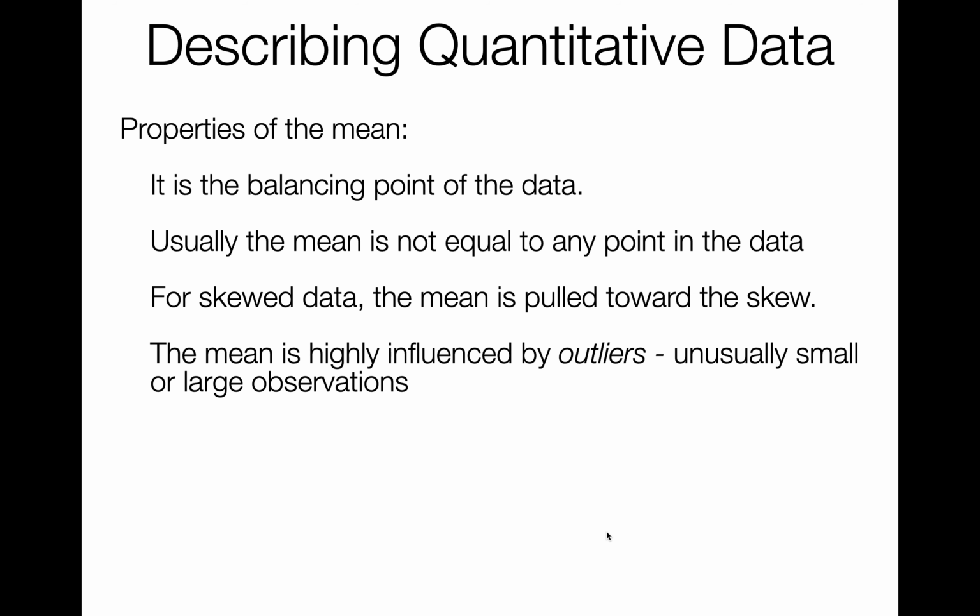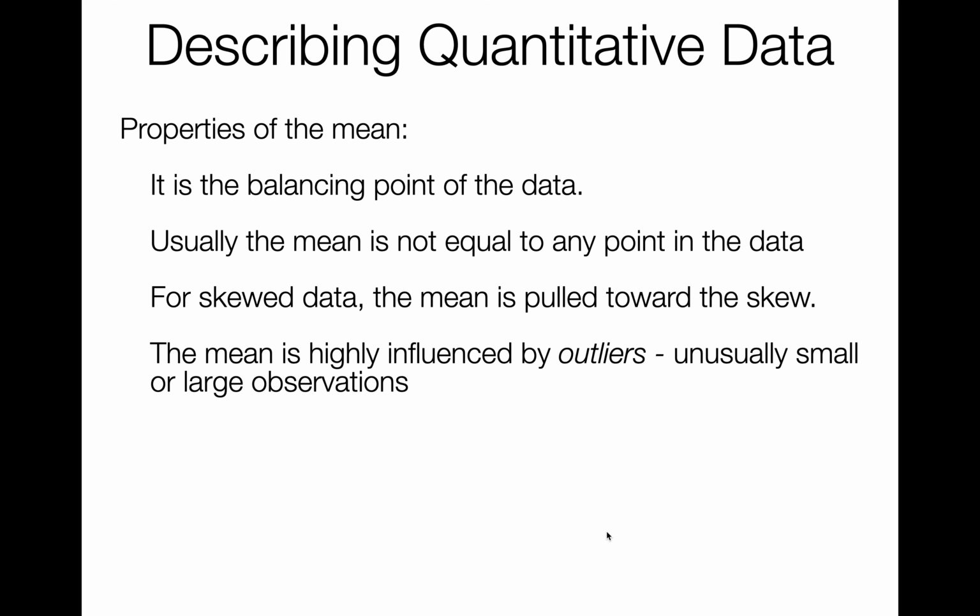And similarly, the mean is highly influenced by outliers. Outliers are unusually small or large observations. These last two points are a little nuanced, but they're also important.